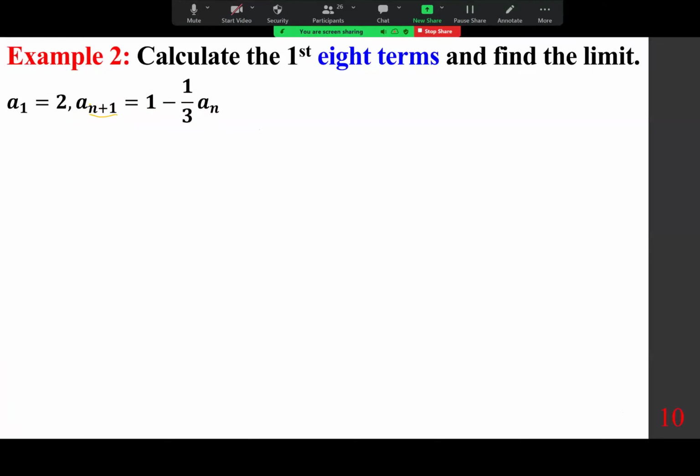If n plus 1 is 2, then n is 1. And so replace the a sub 1 with 2. One minus 2/3 is 1/3, and I'm done.